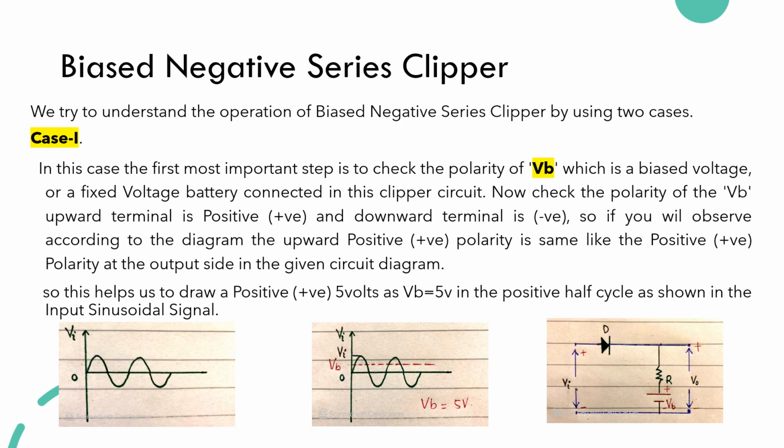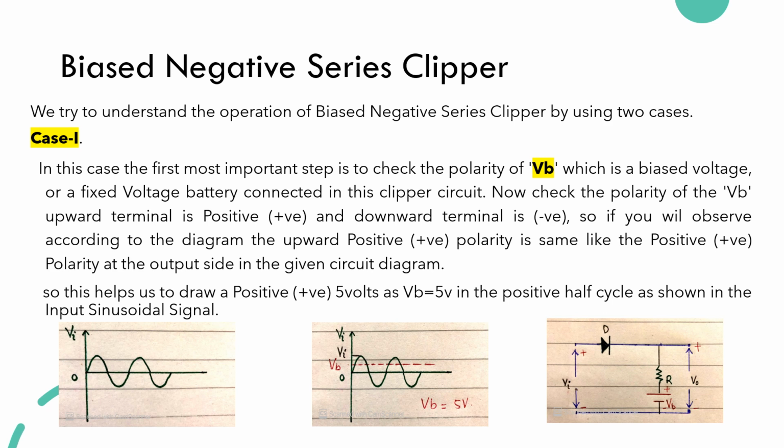We try to understand the operation of biased negative series clippers by using two cases. Case number 1. In this case, the first most important step is to check the polarity of VB, which is a bias voltage or fixed voltage battery connected in series in this clipper circuit in figure number 3. Now check the polarity of VB. The upward terminal is positive and the downward terminal is negative.